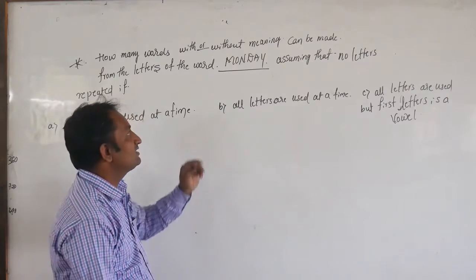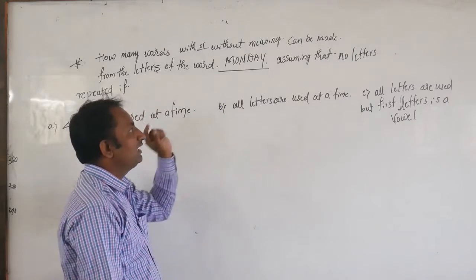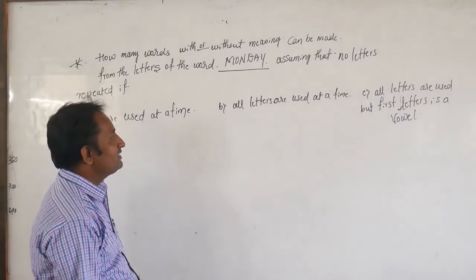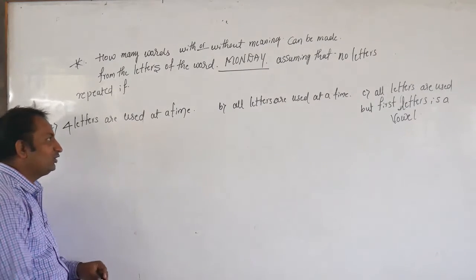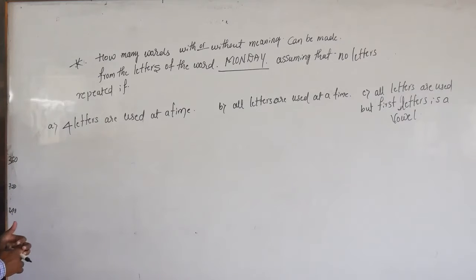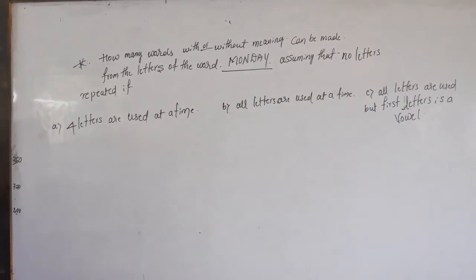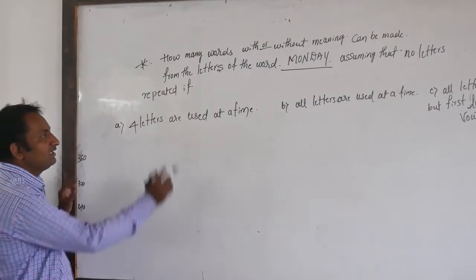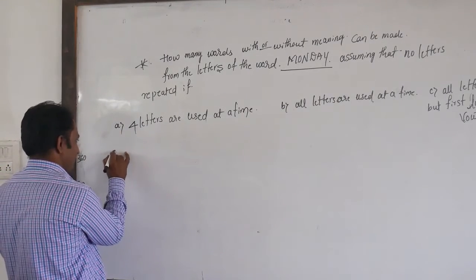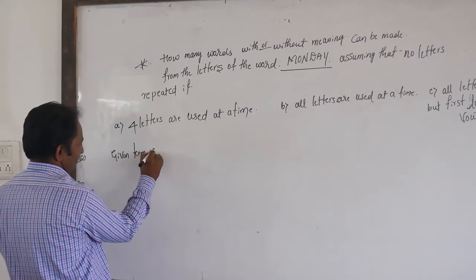Out of 6 letters, we can choose in different ways, assuming no letters are repeated. On the basis of that, consider the first problem: 4 letters are used at a time. The given word is MONDAY.